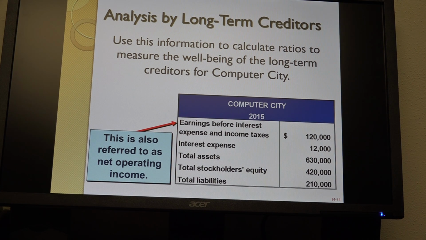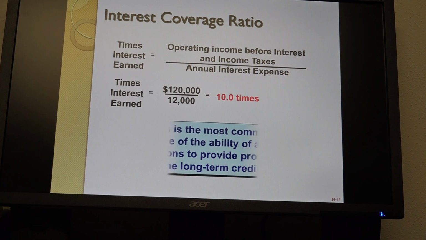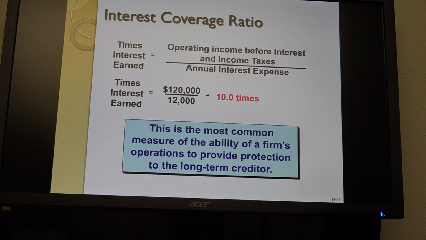Now, if you're looking at long-term analysis, you're going to be loaning money or some asset and being paid back over an extended period of time. That's what this is about. And so the first ratio is the interest coverage ratio, also called times interest earned.